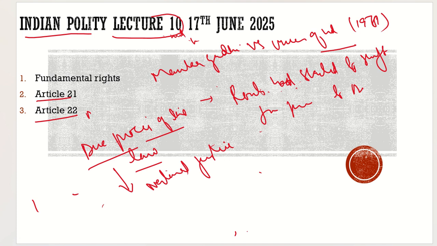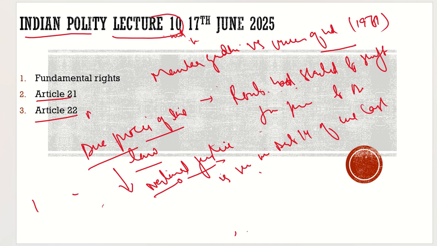Due process of the law is within the natural justice of the people. And this natural justice, its reflection is seen in Article 14 of the Constitution.